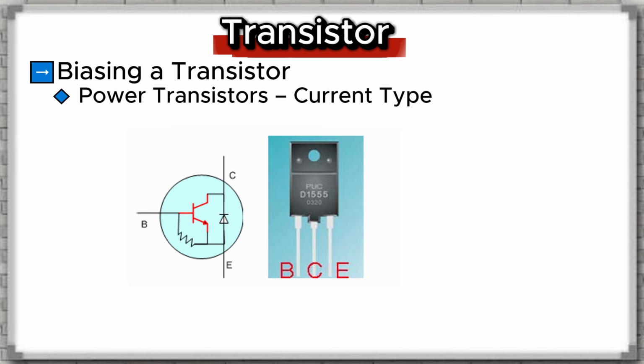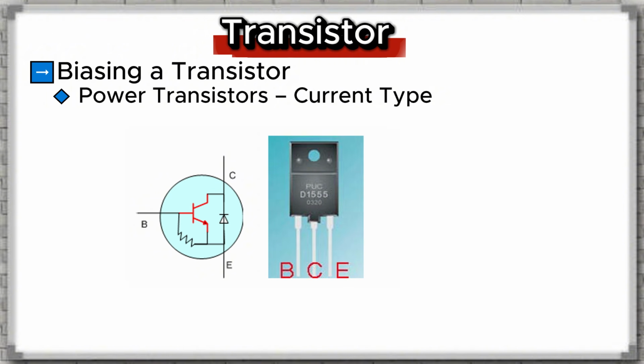Power transistors, current type. Power transistors with large capacity are often called SO in Vietnamese, which means big power devices. There are different types, such as current SO or supply SO. These transistors are specially designed to control high voltage circuits or to drive switching transformers in power supplies.